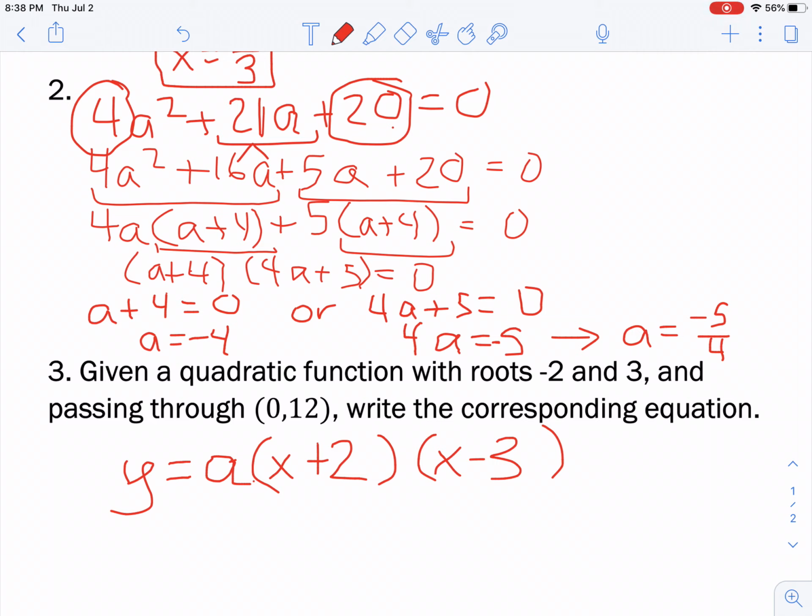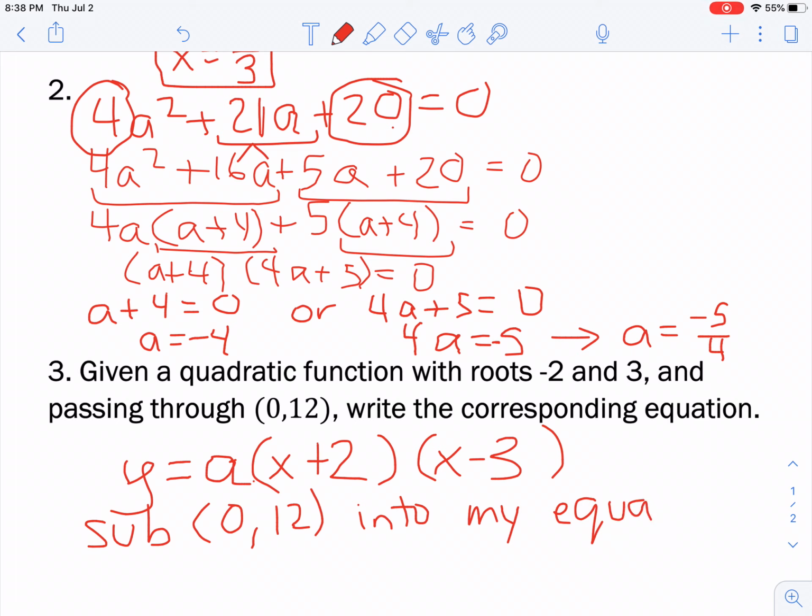So in order to solve for that, we also have some other information. We know that it passes through the point 0, 12. So I'm going to sub 0, 12 into my equation. So x is 0 and y is 12. So 12 equals a times 0 plus 2 times 0 minus 3.